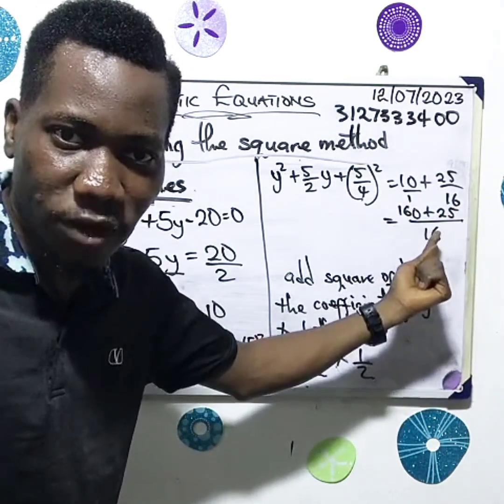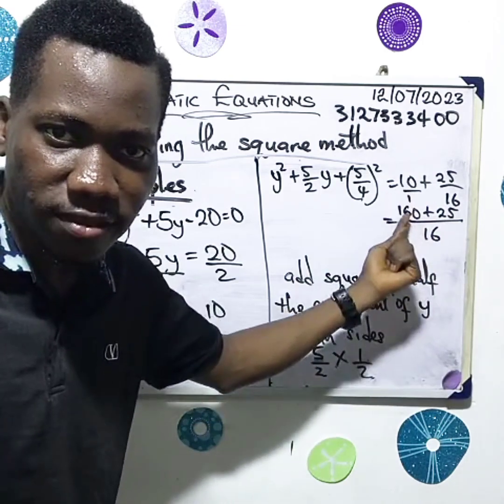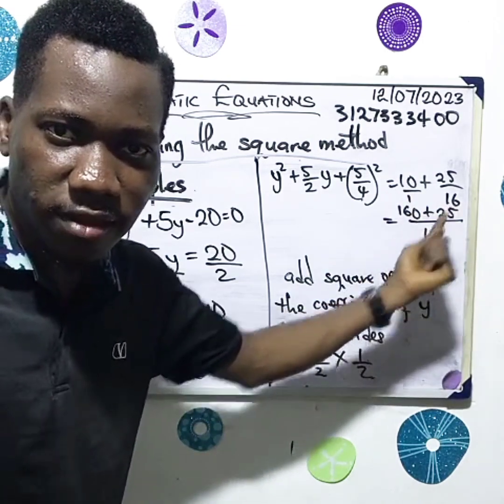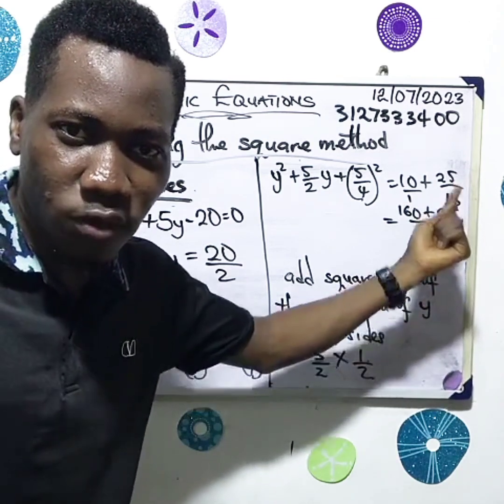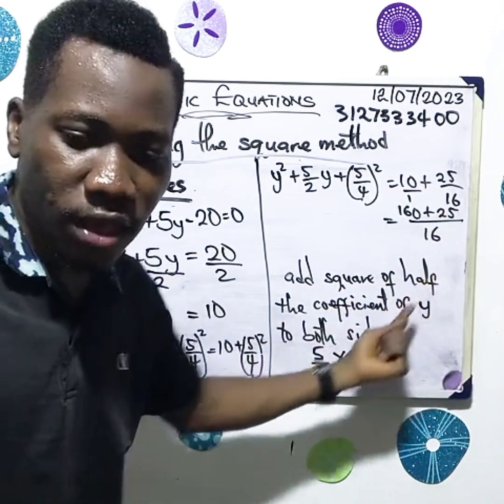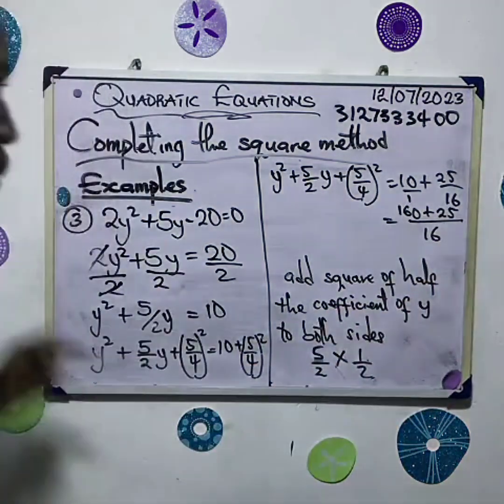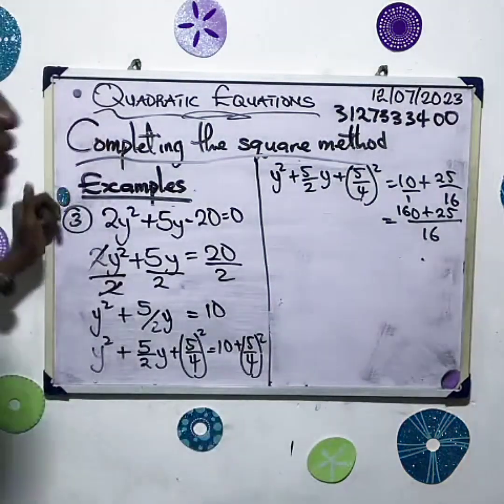Is Favor still following? 16 divided by 1 is 16. 16 times 10 is 160. Plus 16 divided by 16 is 1. 1 times 25, 25. So 160 plus 25 is 185. That's what brought us to this point.